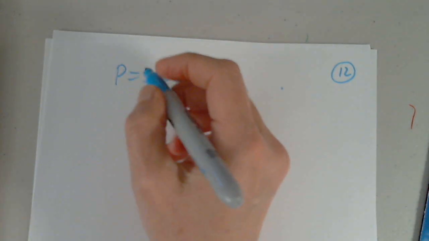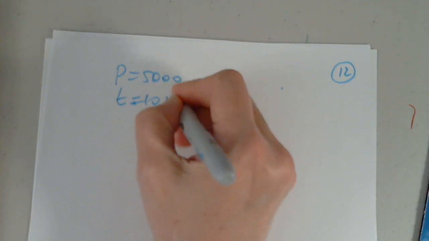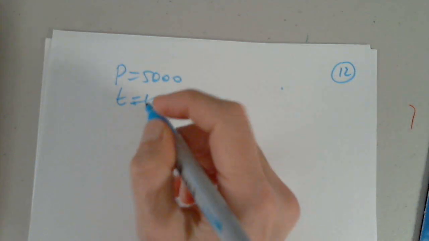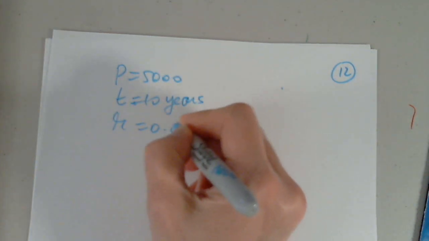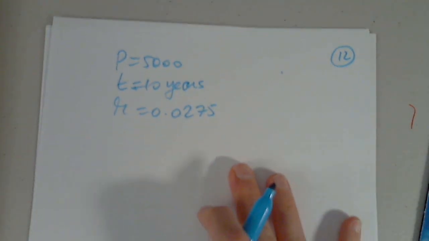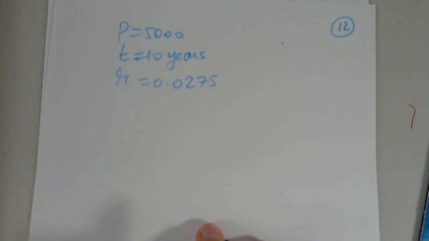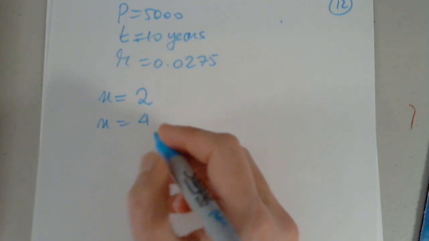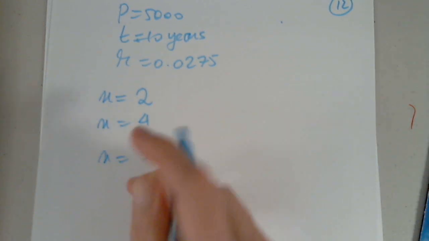Again, the investment is 5,000, and t is 10 years, and the interest rate is 0.0275. Annual interest rate, of course. And we have compounded semi-annually, compounded quarterly, compounded monthly.